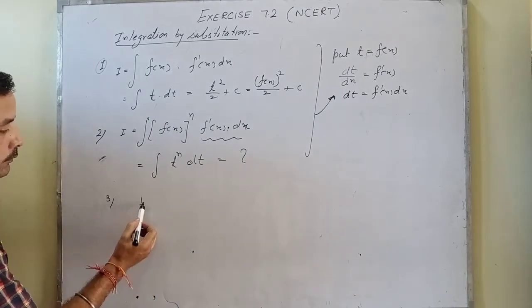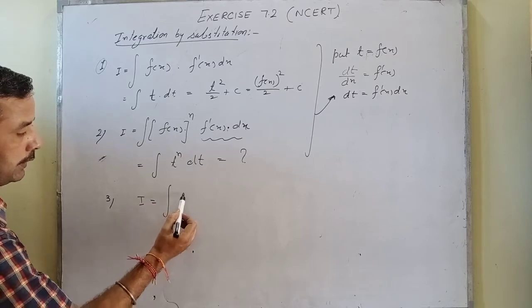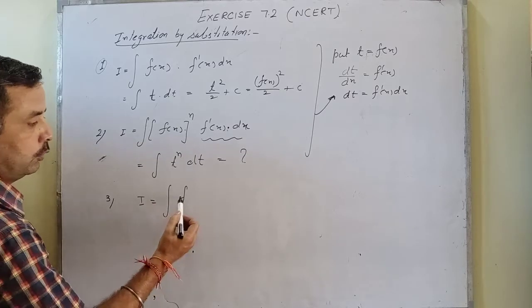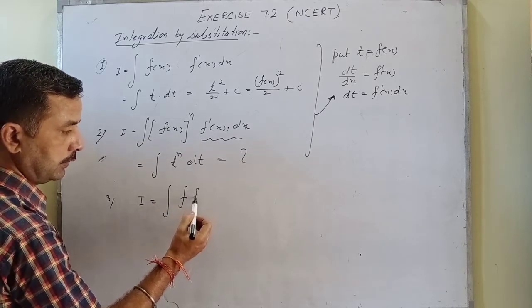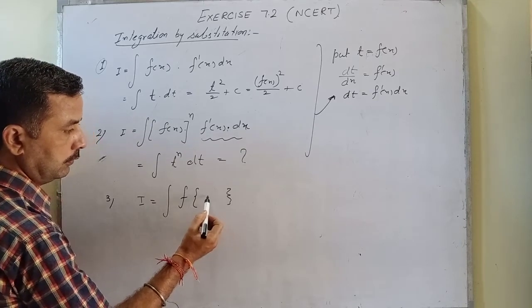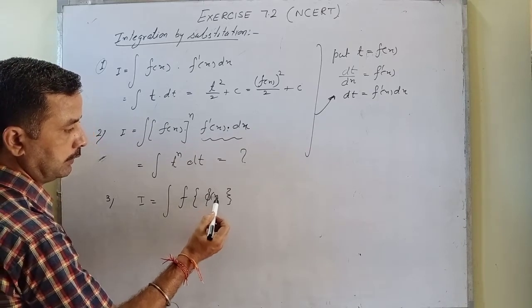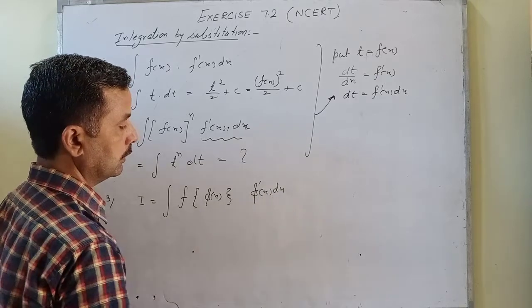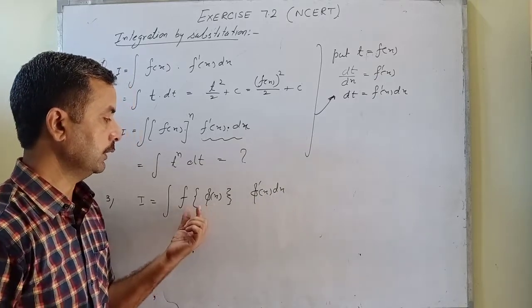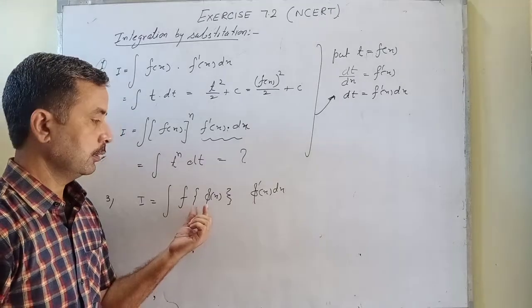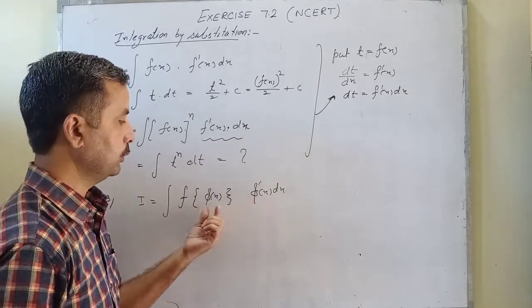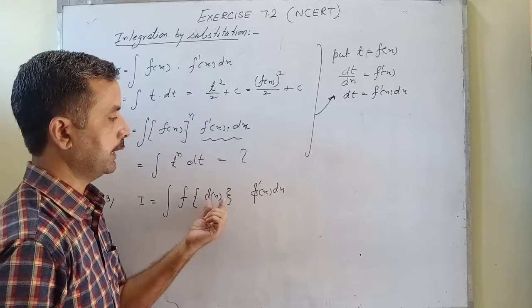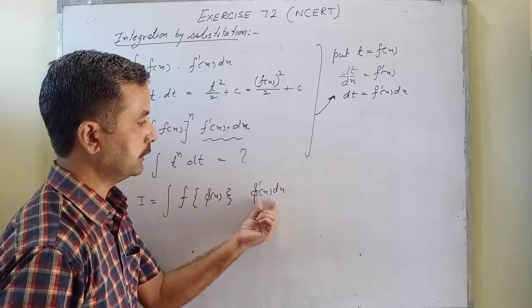The third case is the integration of a function in which another part of the function, say g(x), is there, whose derivative exists in that function. There is a small part of the function f(x) whose derivative is there. Let's suppose that small part is g(x) and its derivative g dash x exists in the same function.